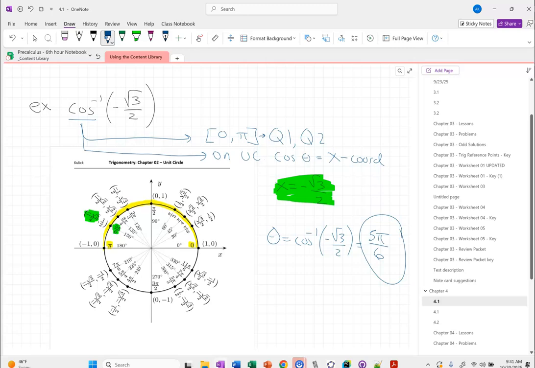No coterminal needed because 5 pi over 6 lands in our range. No adjustment needed. That's not bad. How do you guys feel so far? It's okay? Okay? We're going to keep going, do another example of this, and then I'm going to put a little tweak to it. Still kind of the same process, but we're going to add one more layer onto it. Everybody's okay?